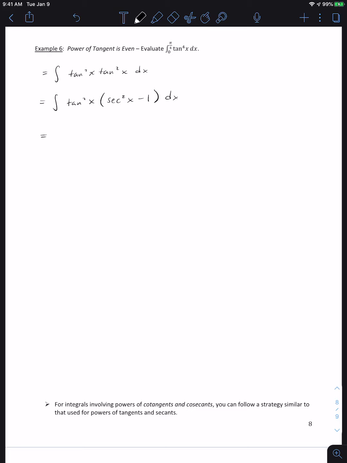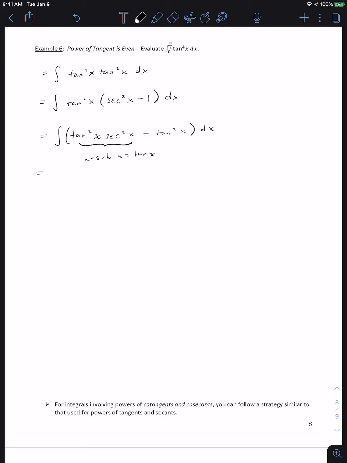Right? So now I can distribute, and if I distribute, I end up getting tangent squared x secant squared x minus tangent squared x dx. Now this portion of it is done. This is a u sub with u equals tangent x, right?